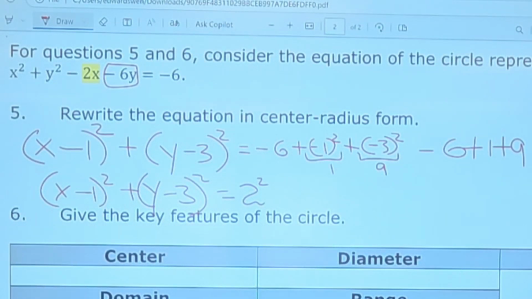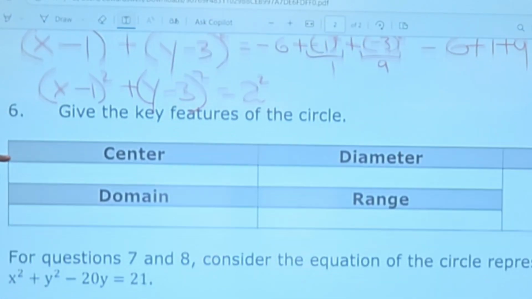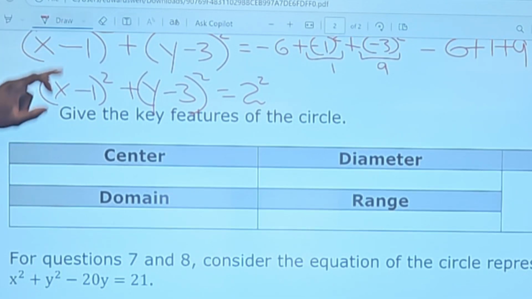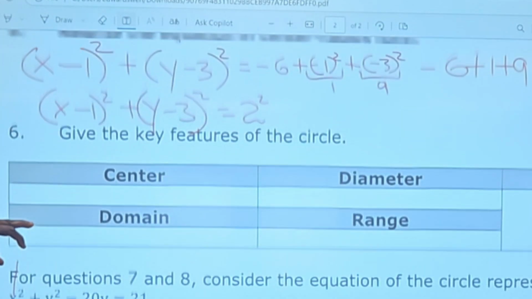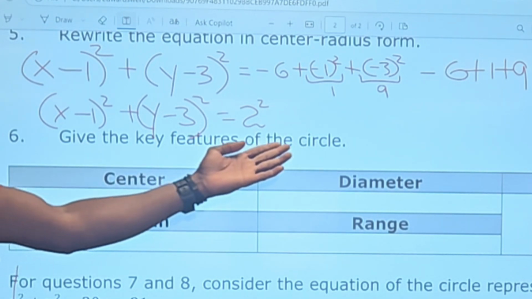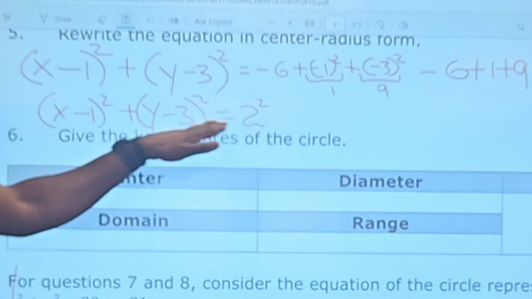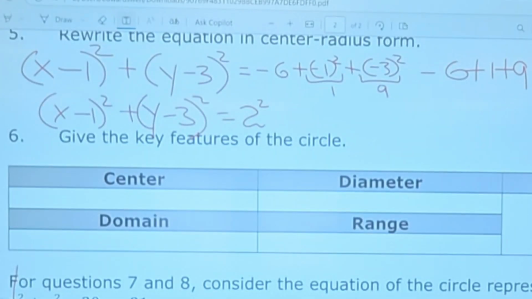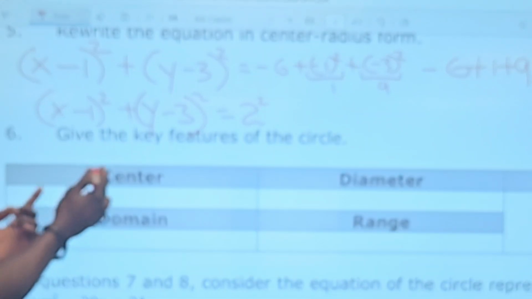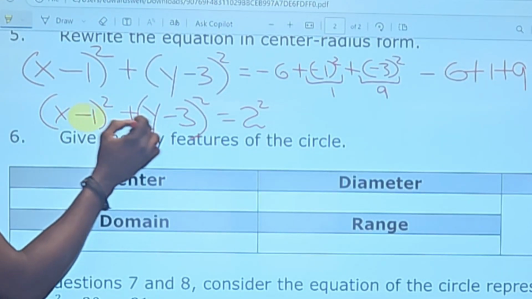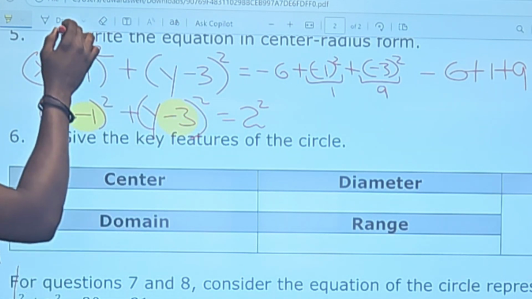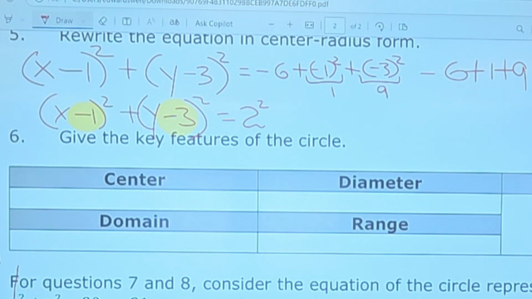Let us now take a look at the second part to this question. The second part of the question is saying, can you give the key features of the circle? This circle that we have here, the equation, let's give the key features. So the center comes from these values here. The center comes here, but it's going to be the opposite value.